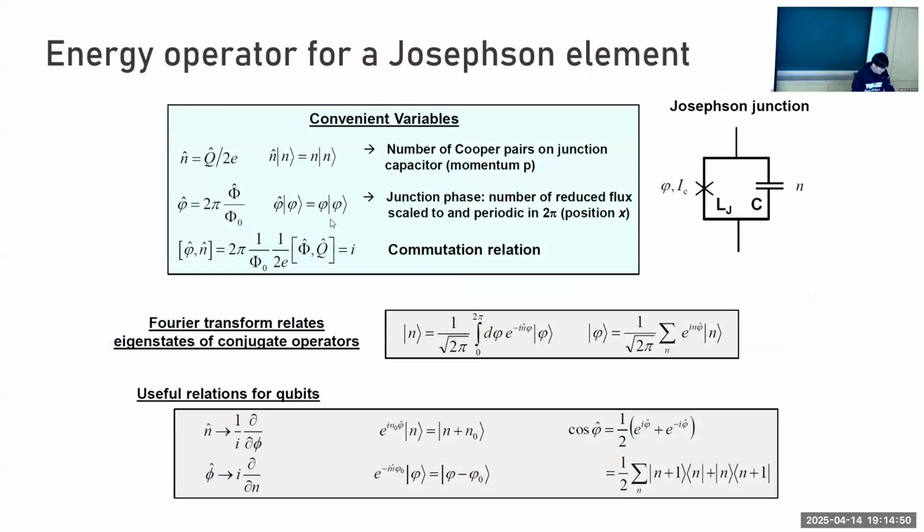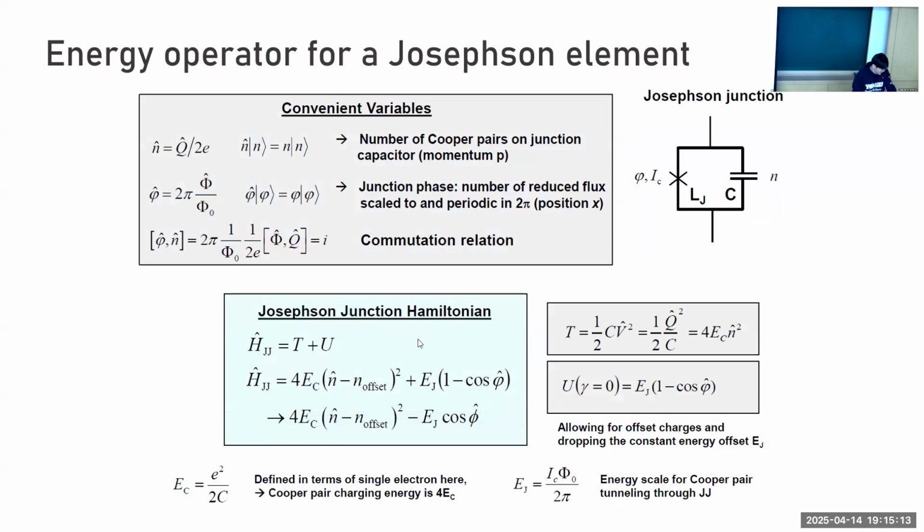We can also make the phi operator about the phase of the Josephson junction. So we can make a Fourier transform of the states between the phase and the number states.